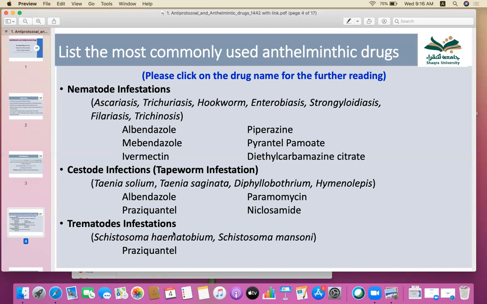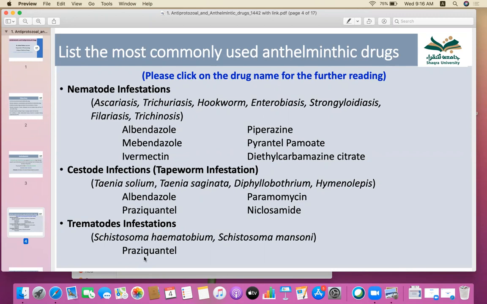And in the trematode infestations, if caused by the parasitic group Schistosoma haematobium or Schistosoma mansoni, we can term it trematode infestations, and the drug generally used is praziquantel.